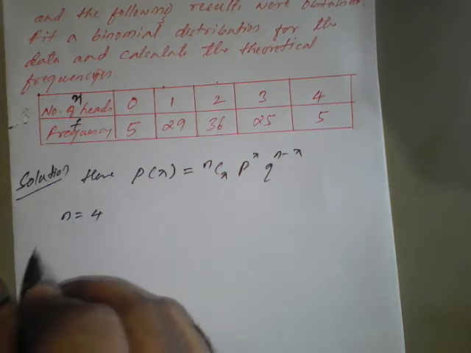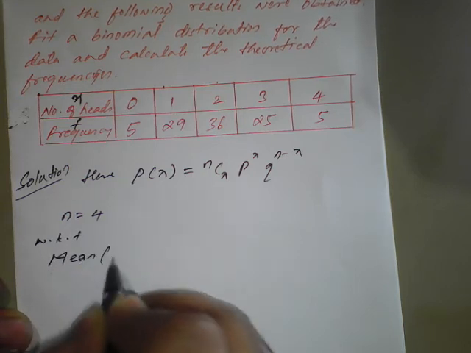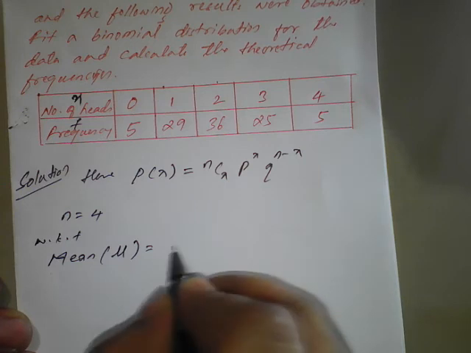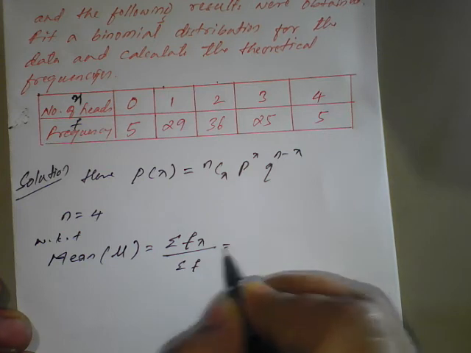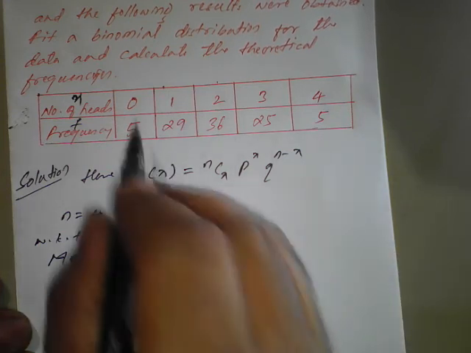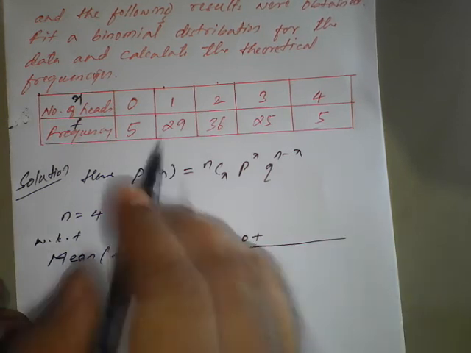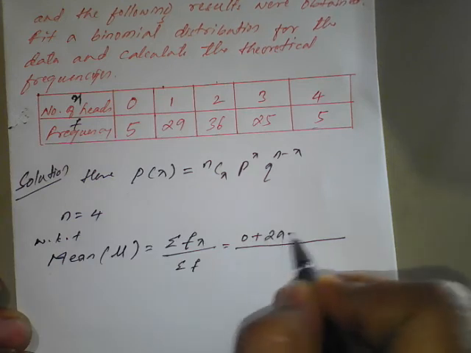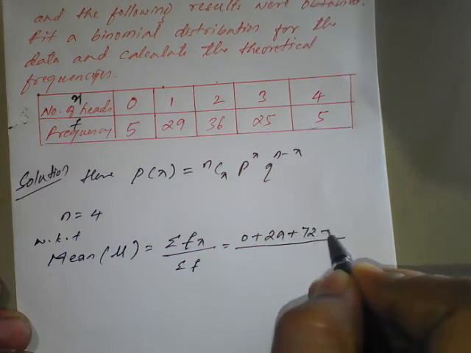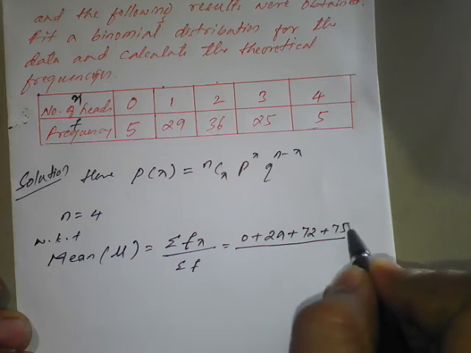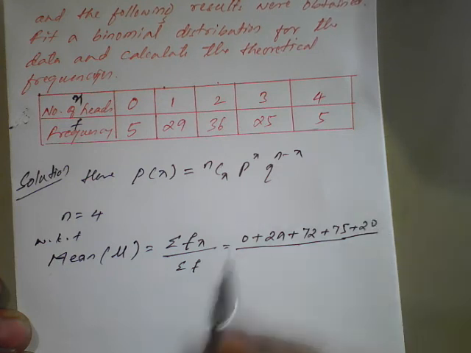Now we know that generally the mean mu is given by the summation of f into x divided by the summation of f. Summation: 0 into 5 is 0, plus 1 into 29 is 29, plus 2 into 36 is 72, plus 3 into 25 is 75, plus 4 into 5 is 20, divided by summation of f.